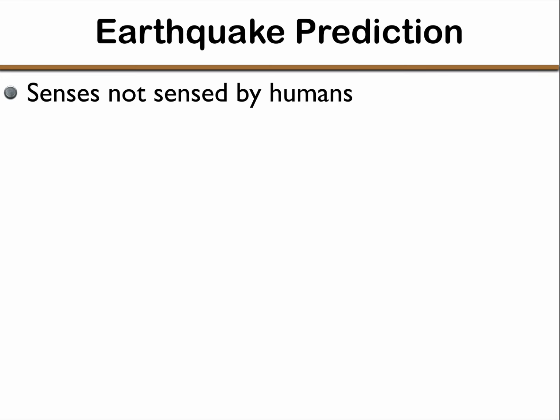Typically, it's going to have to do with infrasounds, sounds that are below our range of hearing, various types of geological vibrations that they're able to pick up that we are insensitive to, that in some way foreshadow an upcoming earthquake.